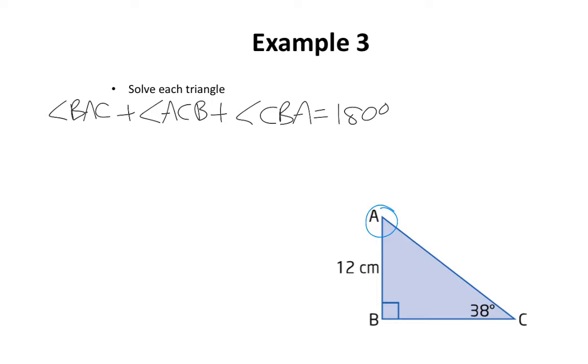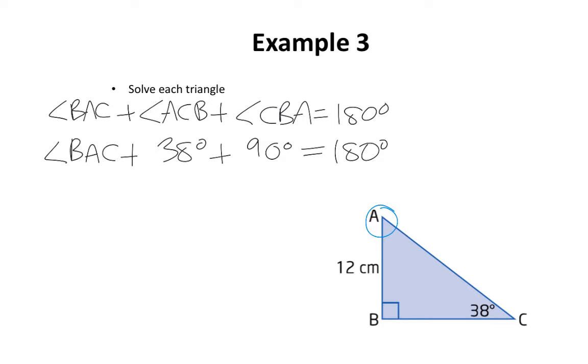At this point, you just need to substitute in your known values. Since I do not know what angle BAC is, I'm going to leave it alone. Angle ACB is 38 degrees, and angle CBA is 90 degrees, as indicated by the little square.